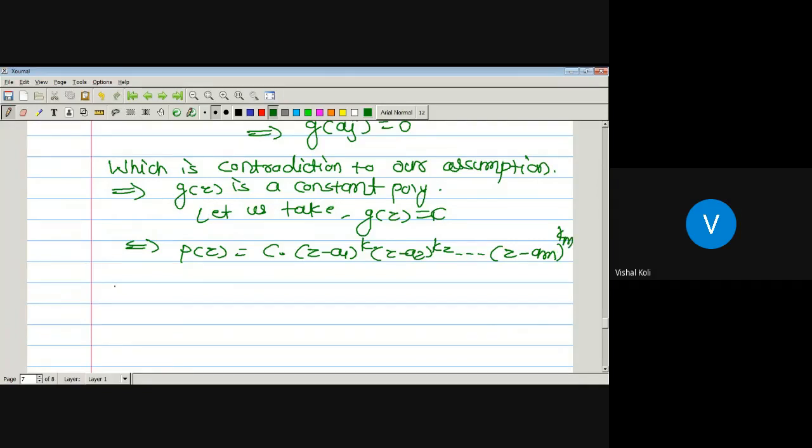Now what is its degree? The degree of p of z will be: the degree of c is 0, and the degree of the rest is the addition of all the powers, that is, the degree of p of z is nothing but k1 plus k2 plus up to km, and hence the required result.